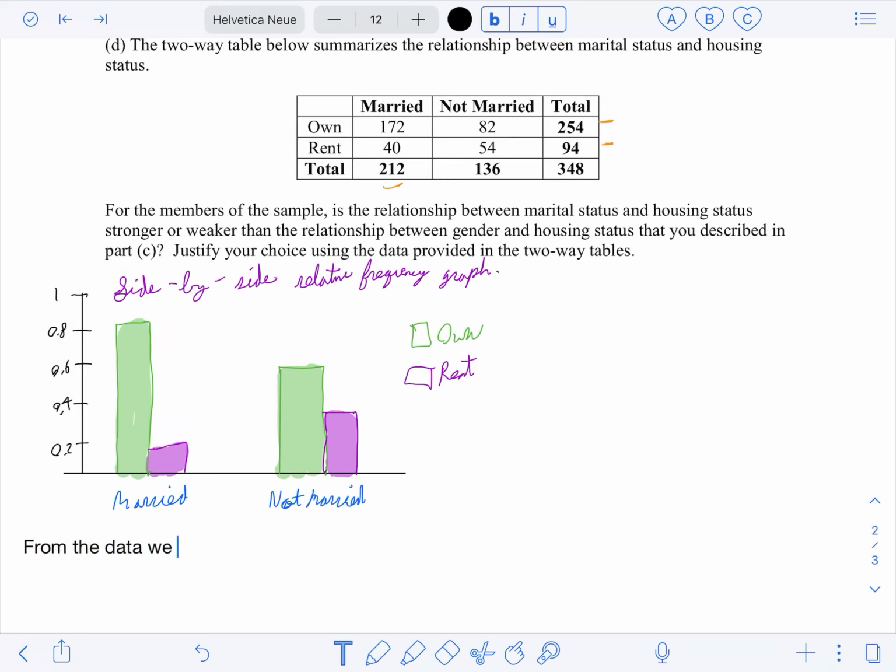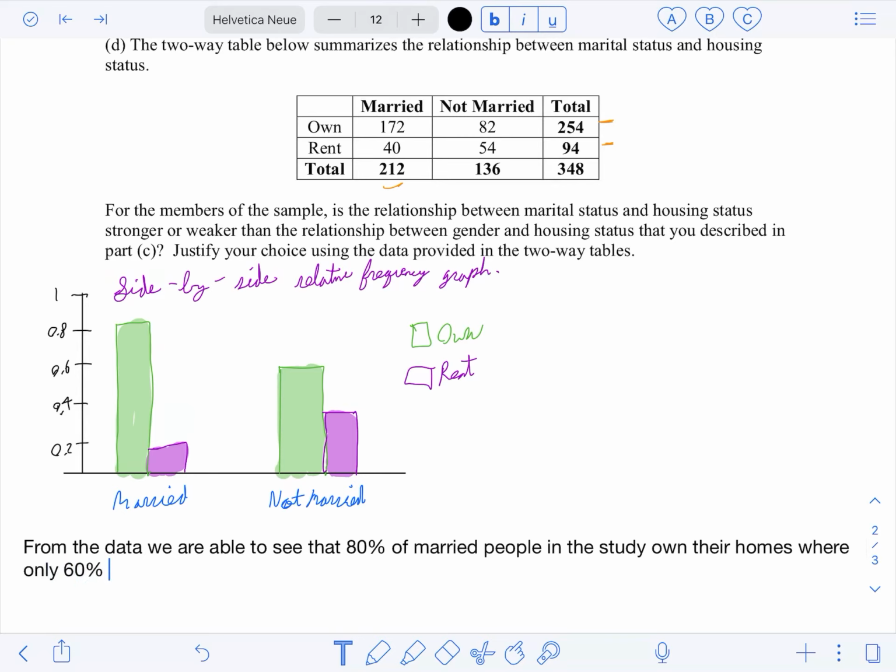From the data, we are able to see that 80% of married people in the study own their homes, whereas only 60% of those who were not married own their homes.